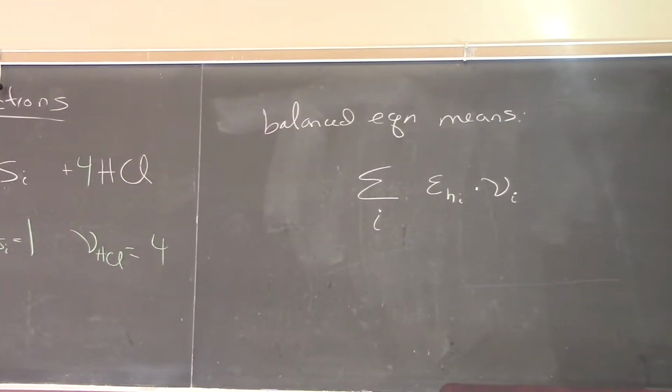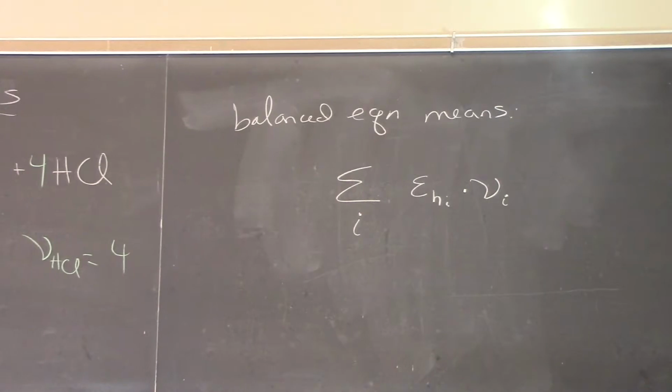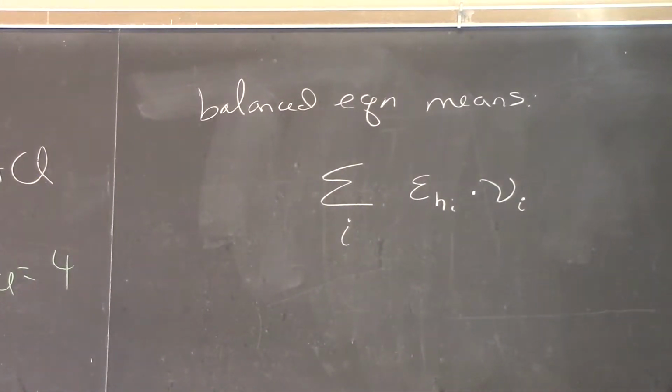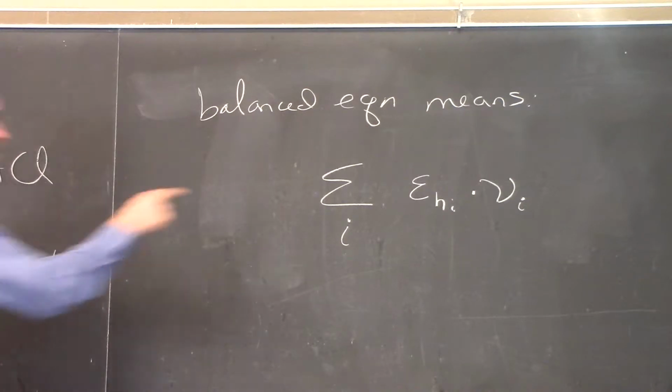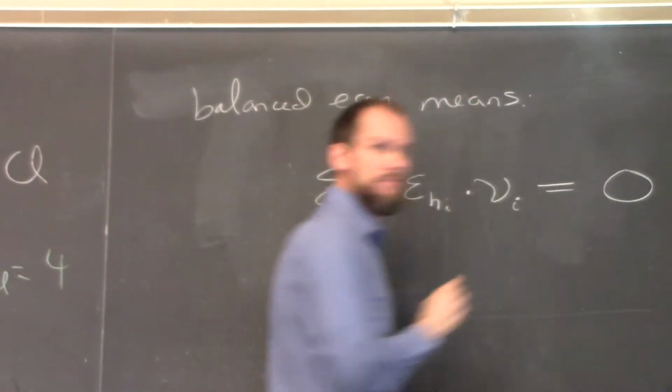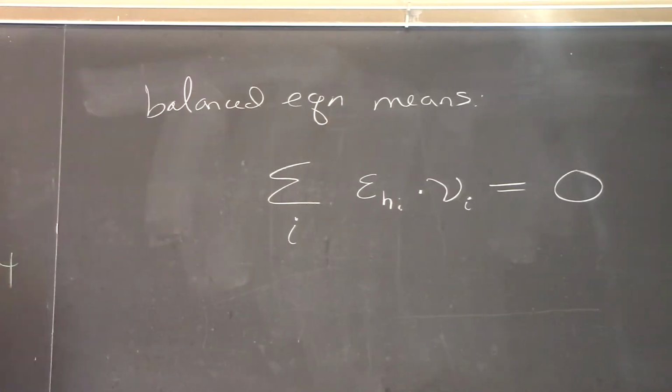We go through each compound, take the stoichiometric coefficient of the compound times the number of atoms of that kind in the compound, and add them all up.